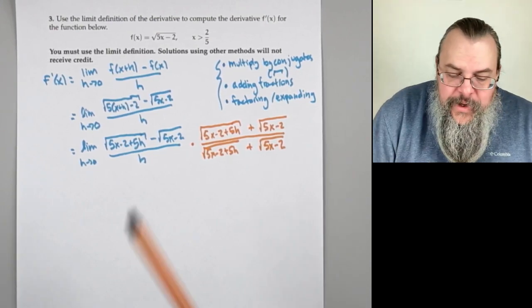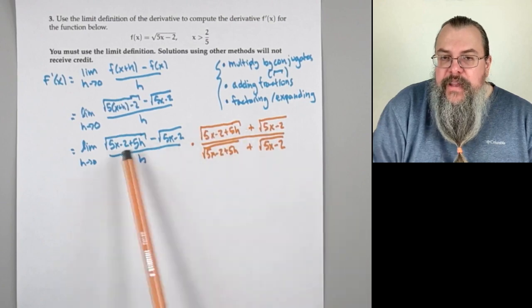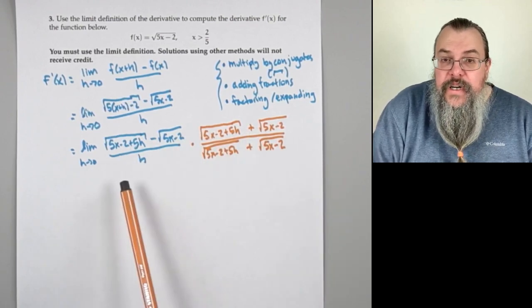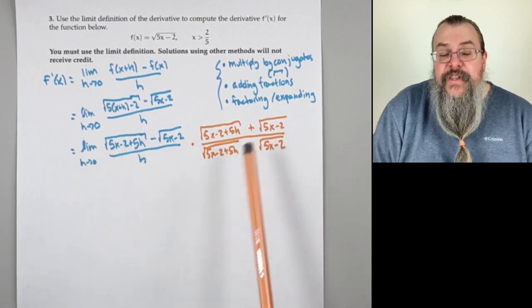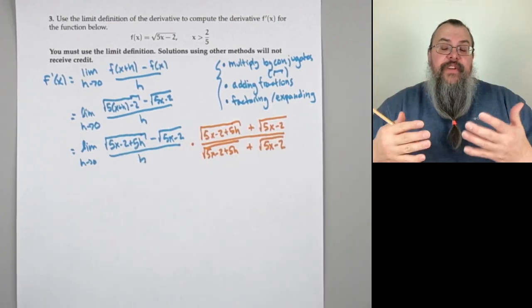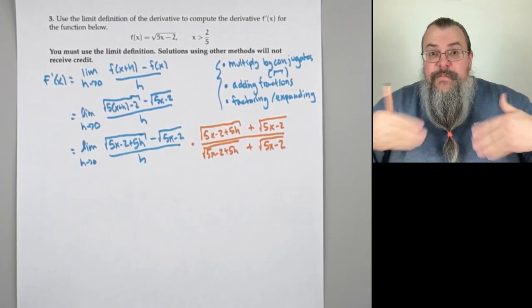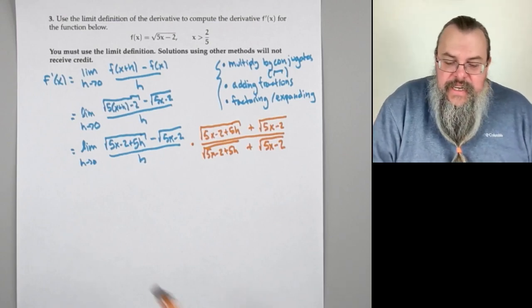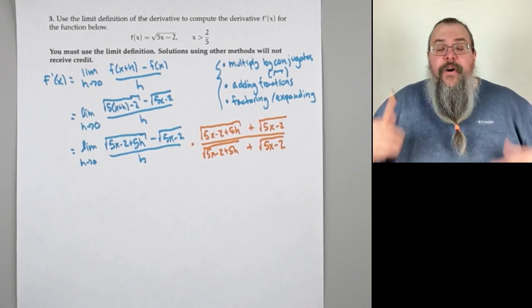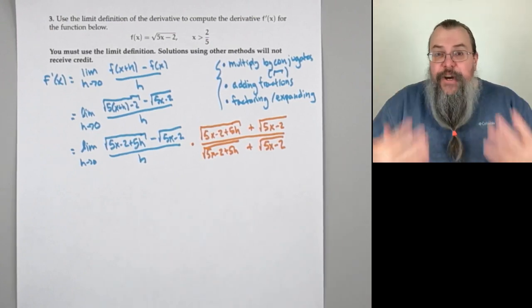Now, comment: we are going to multiply things out upstairs. We're not going to do it downstairs. The reason we multiply out upstairs is that it's going to simplify things. That's the whole point of multiplying by the conjugate. Downstairs, it doesn't simplify, so we only carry it out on the parts where it actually helps us.